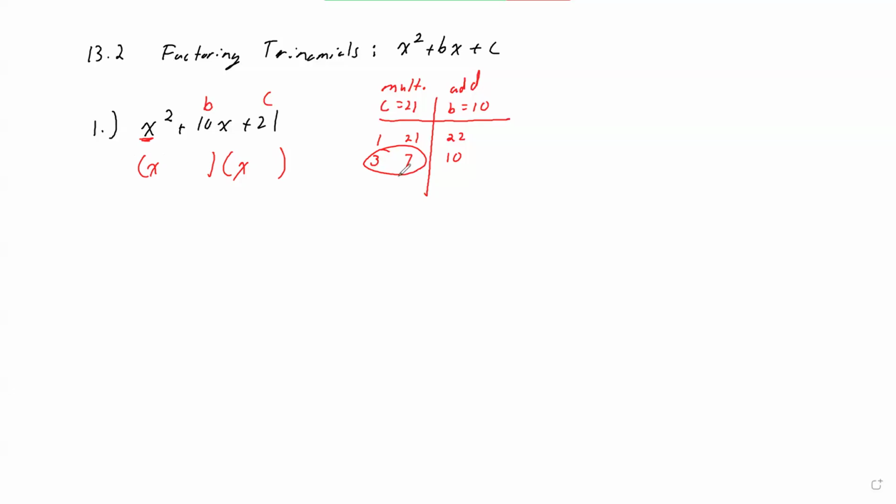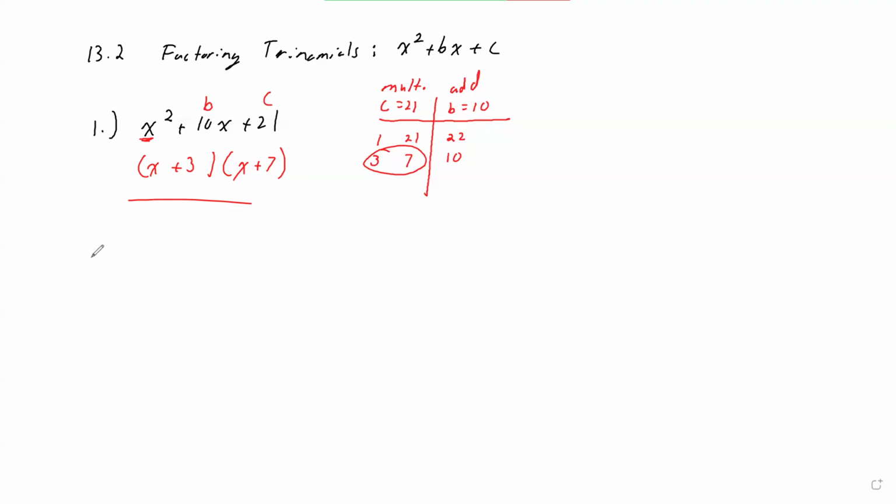They're both positive, so you just say plus 3, plus 7. That's it. What makes this challenging is your multiplication table. x plus 3 times x plus 7, and if I was to do the box method, I would see that it would equal x squared plus 10x plus 21 if I wanted to check myself.